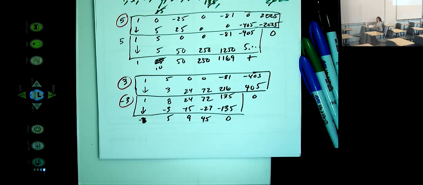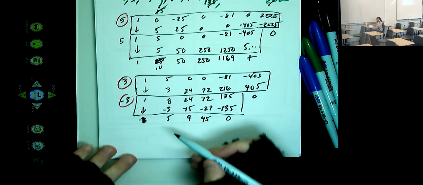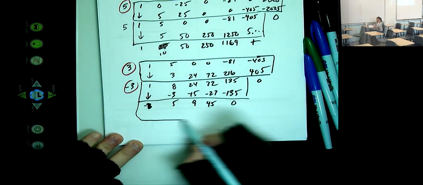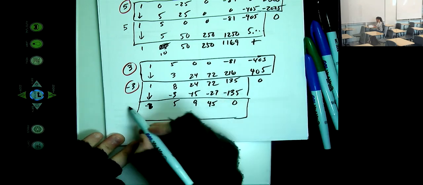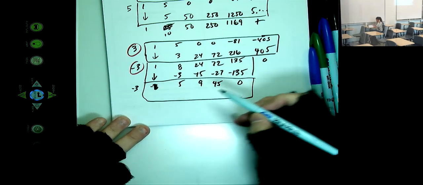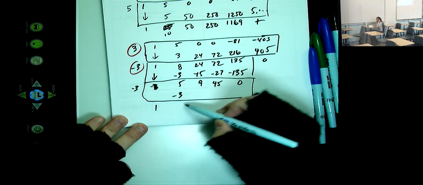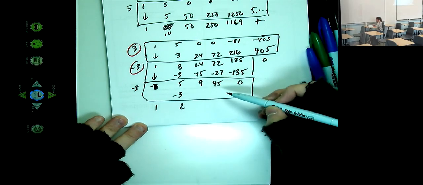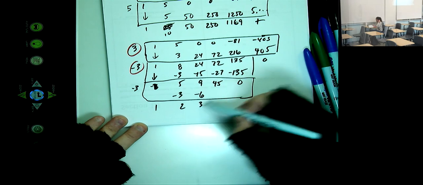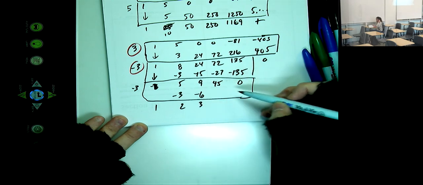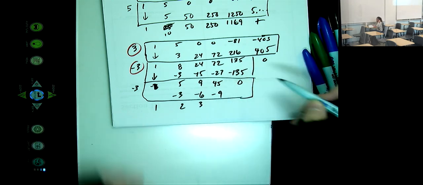If we lose one more, we're down to a quadratic. This is looking good. Let's try negative 3 again. That didn't work.